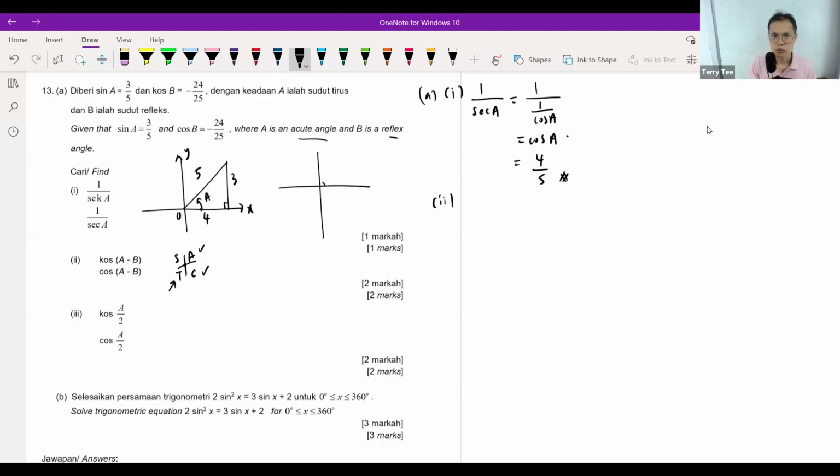So we should draw the triangle over, sorry, not here. This is positive. You want negative, right? Negative means it should be in quadrant number 3 here. So this is your B, maybe I put the B over here. So your adjacent is negative 24, hypotenuse is 25, opposite is 7. Please put a negative.